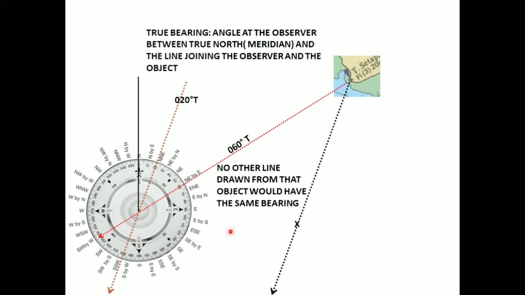So no line drawn from here can have the same bearing. As soon as the observer moves, the bearing would change. The observer, when he is observing the object at a bearing, should be somewhere on this line. As soon as he moves here, his bearing would change.